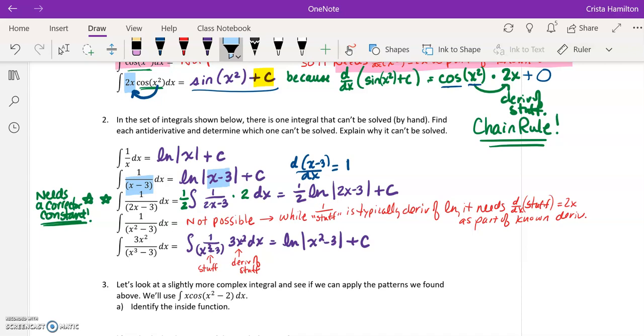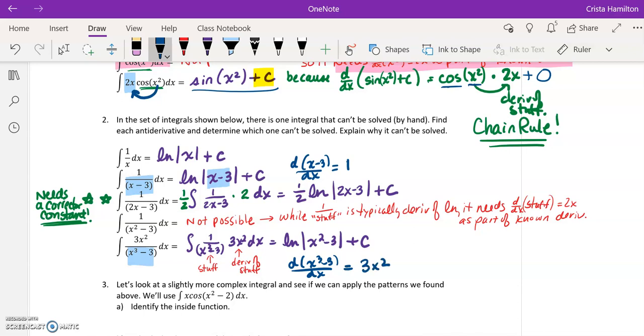Now, I'm going to skip the one that's got the green next to it. Let's go down here to the bottom. When I looked at this problem down here, I am looking at the stuff that's in the denominator, and I'm recognizing that the derivative of x cubed minus 3 with respect to x is going to be 3x squared.